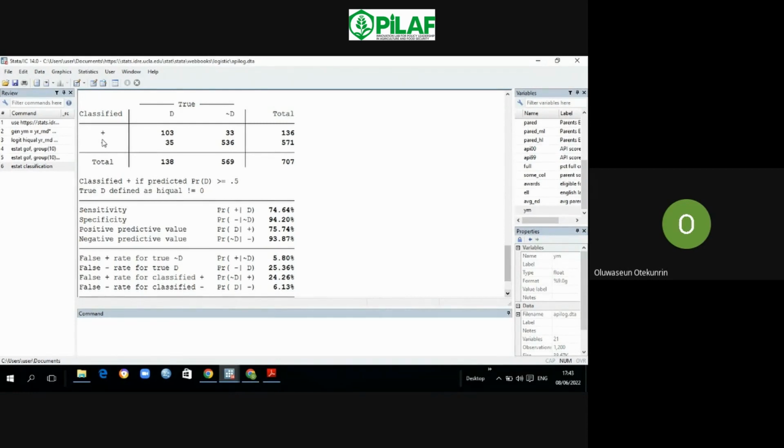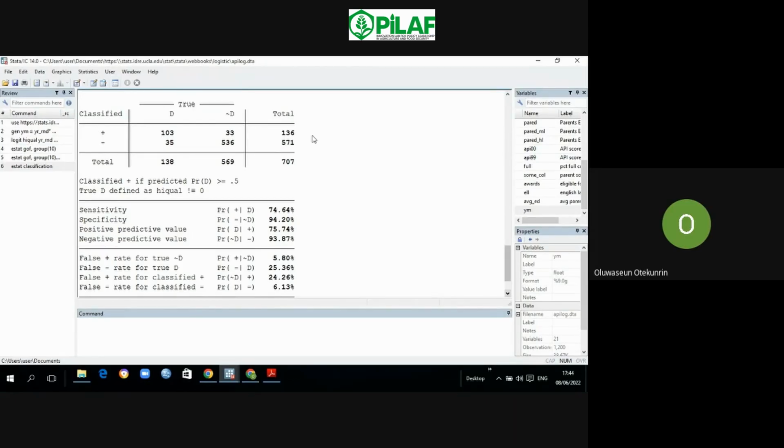So positive predictive value is the proportion of schools with positive classifications. Look for the first row with positive. You can see 103. You can also see 33. And you can see the total, 136. Positive classifications that are correctly classified. On that first row you have all the positives.